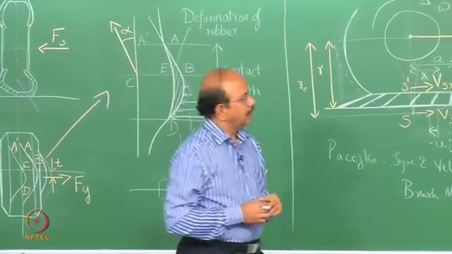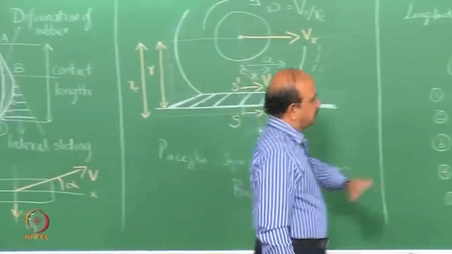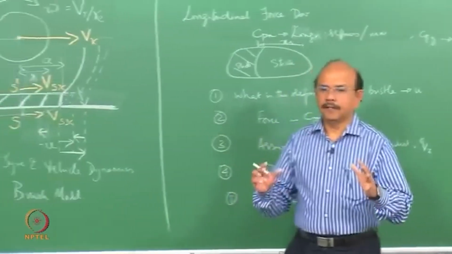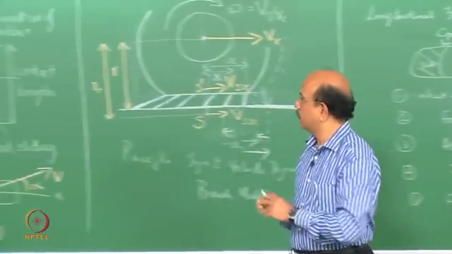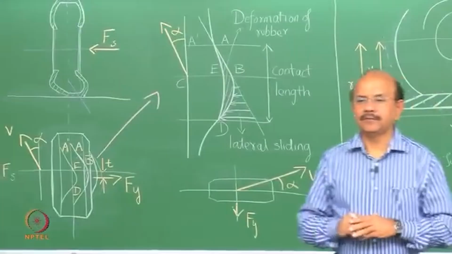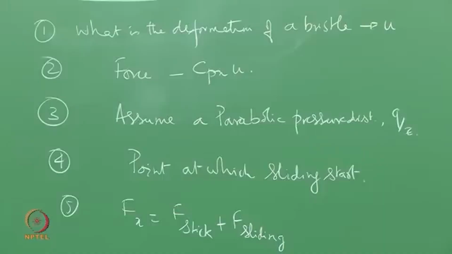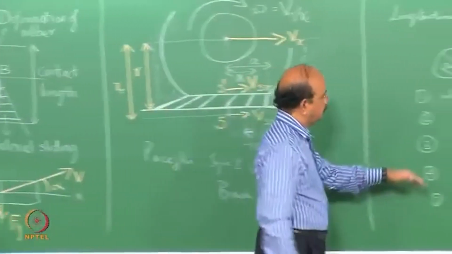We will mention this as we go along, and again we will not be able to derive that completely, but at least we will see what the final equations are. Right. So with this background, let's go ahead.